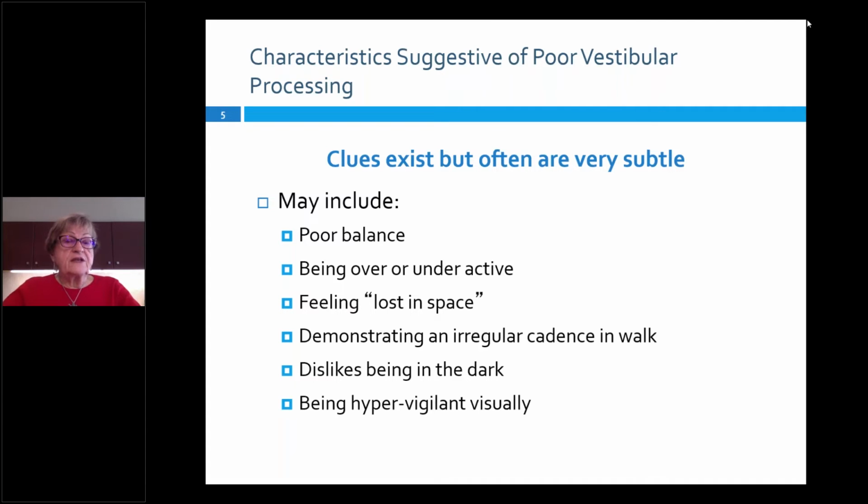Children that are afraid to be in the dark is another example, because this is a child that most likely doesn't have good vestibular function, and they're overusing vision to know where they are in their environment.